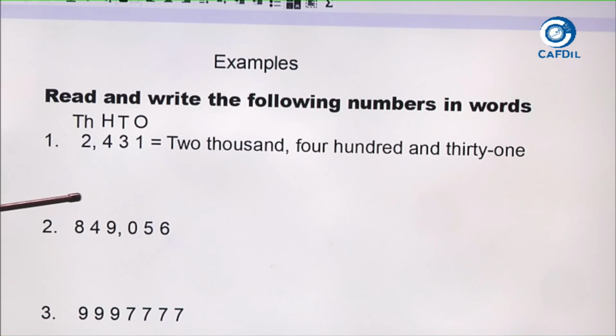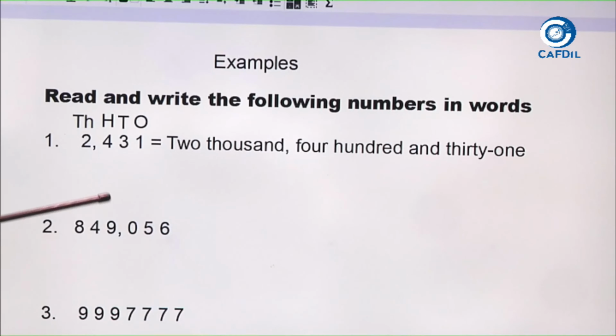This is the first group, thousands, and under the thousands, we have the hundreds, tens, and ones. When we move from the thousands, we go to the hundreds, tens, and then ones. So we are going to read as though they are hundreds, tens and ones with the group name afterwards. So help me read this. This number here reads 849.